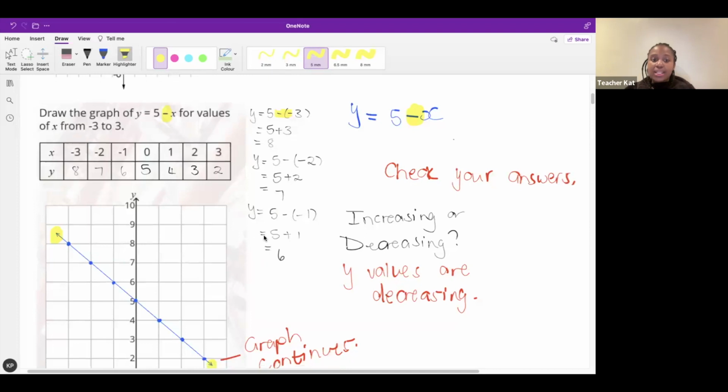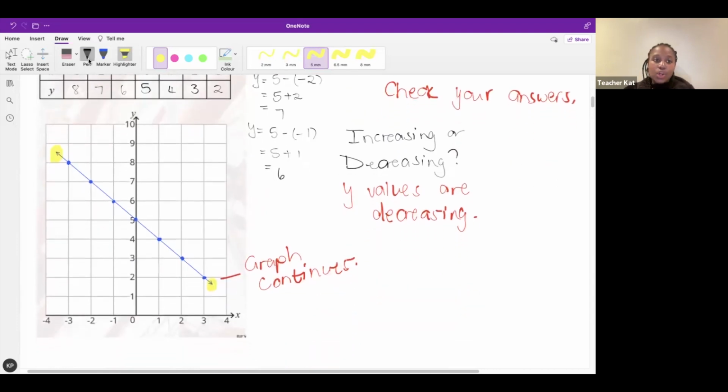And finally, is this a linear or non-linear graph? This is a linear graph. What does linear mean? It is a straight line graph.